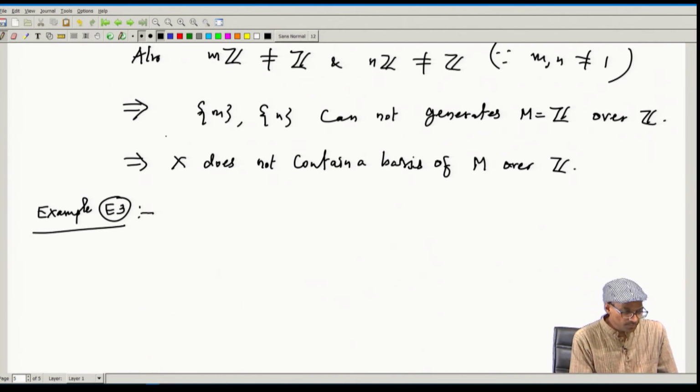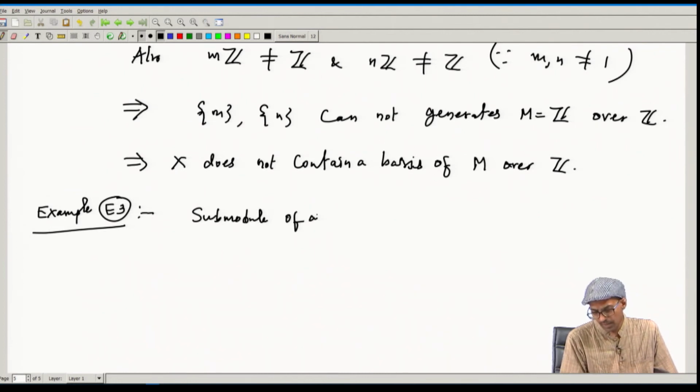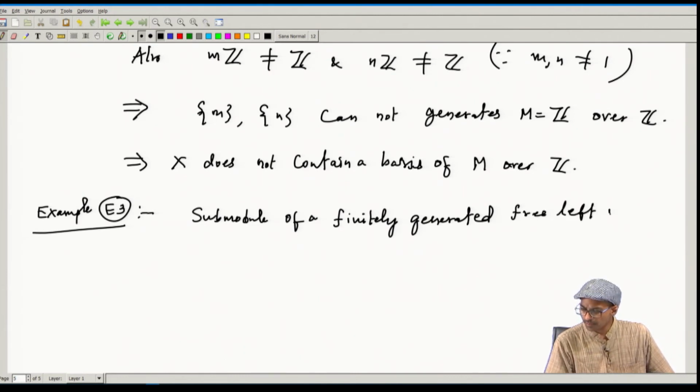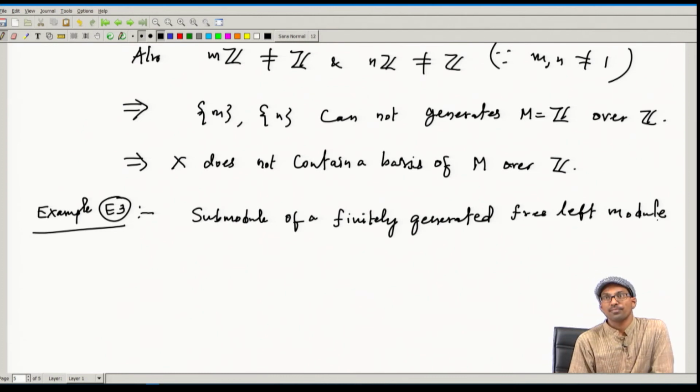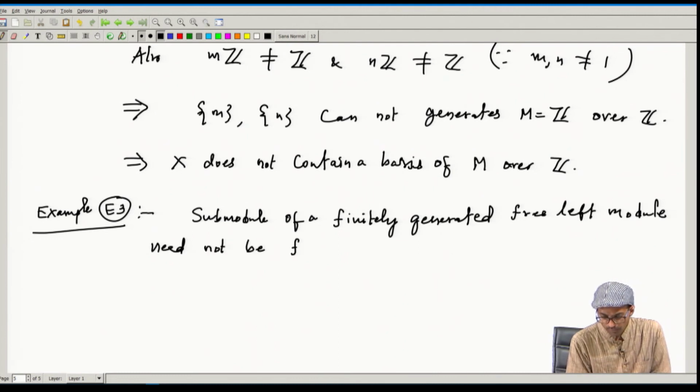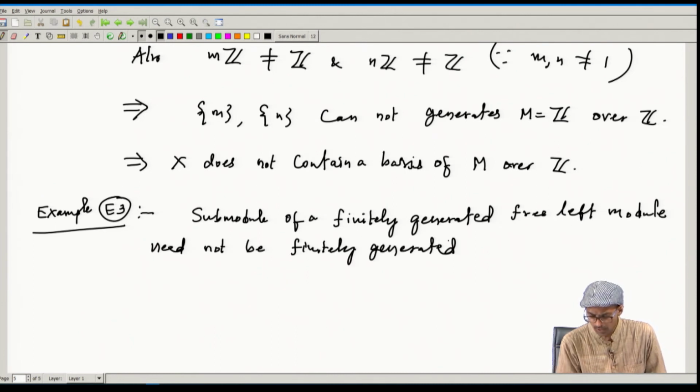So what is this example? A submodule of a finitely generated free left module need not be finitely generated and need not be free.